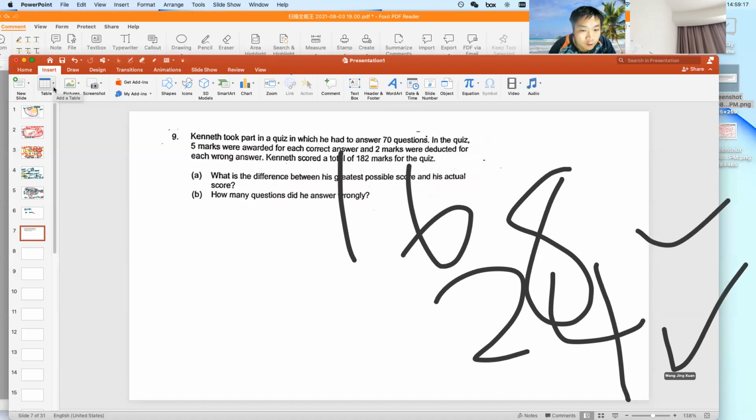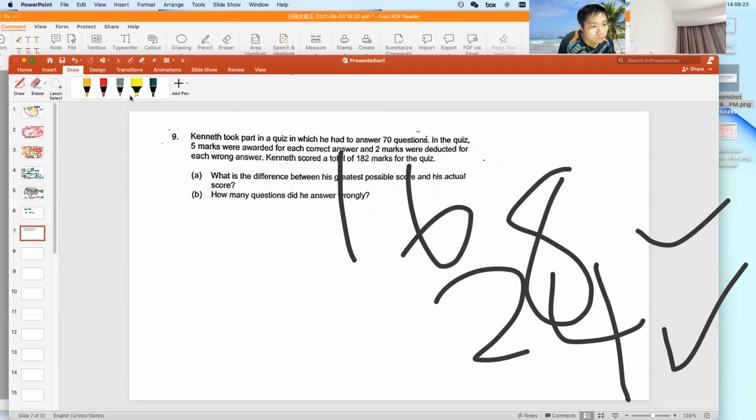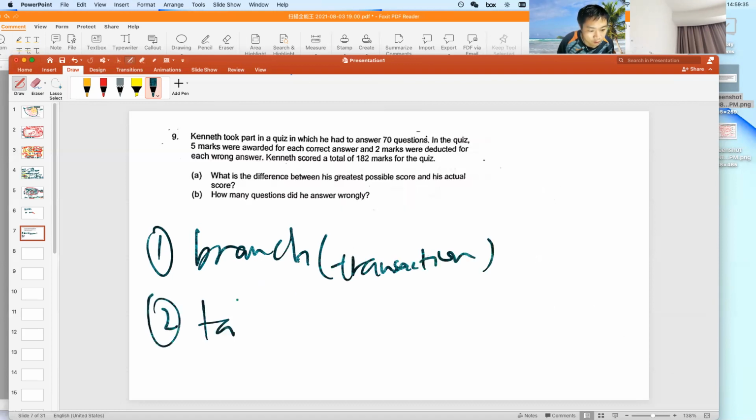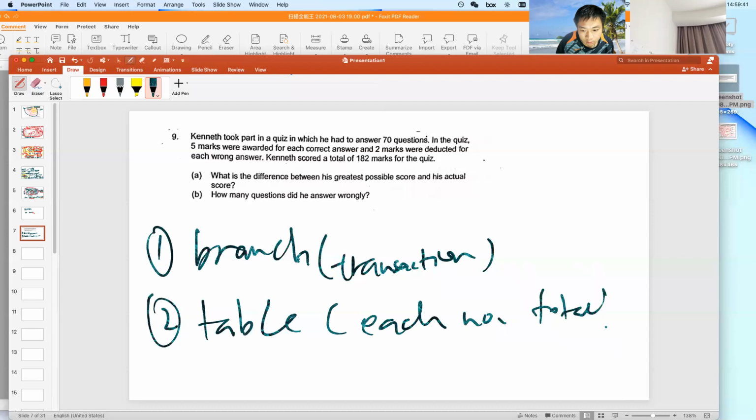Okay, good. So like I say, you have learned the branch method, which is for transaction questions. Can you help me out and clear your handwriting? And of course, you also have learned the table method from me. This is for the each number total question, right?